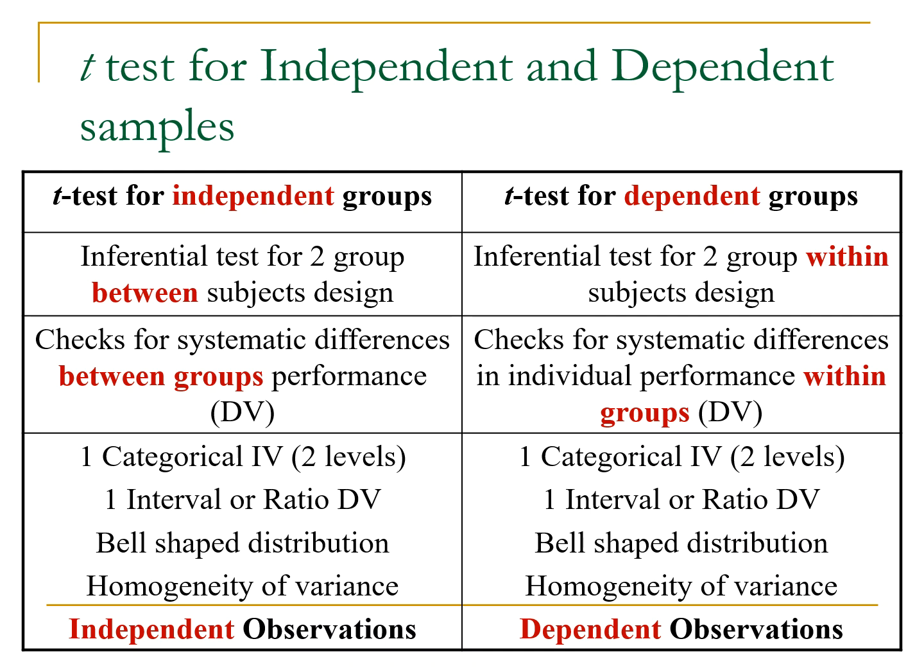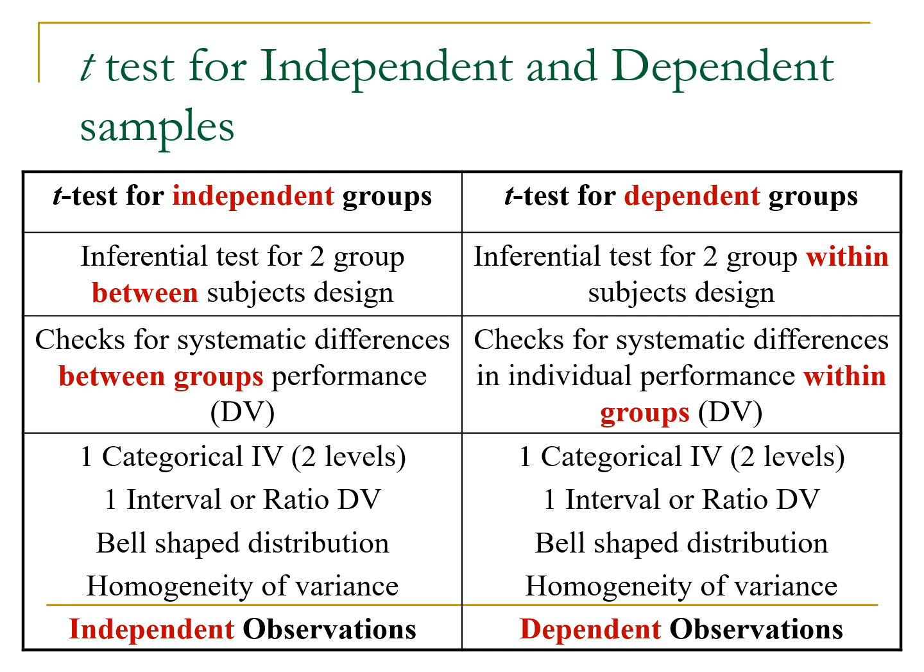But before we do that, just briefly, I wanted to summarize the t-test for independent and dependent samples. Comparing and contrasting these two: the t-test for independent groups is an inferential test for two-group between-subjects designs, where we have an IV with two levels, two different groups of people who are independent of each other, and a single continuous outcome.